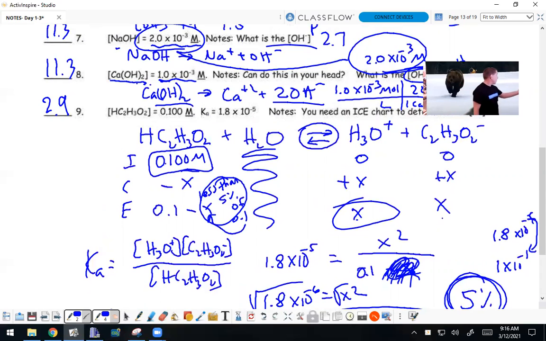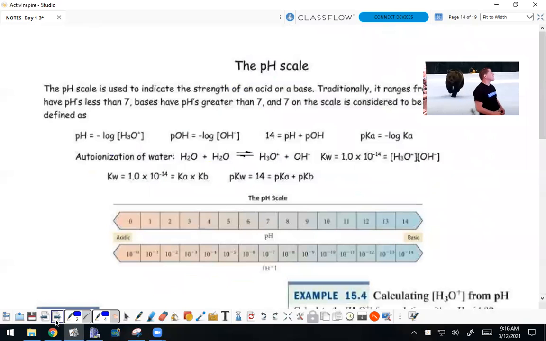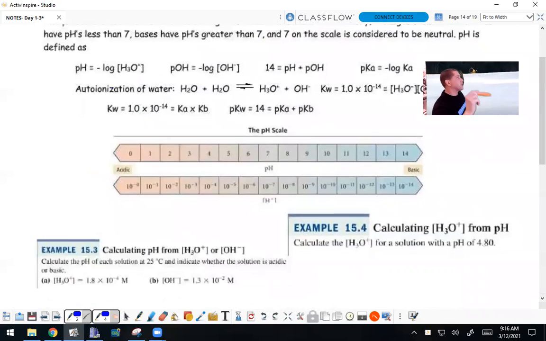All right, so I'm on the next page in our packet, which is dealing with the pH scale officially. So here's the formulas. Don't use this, though. Use the equation sheet. Understand, though, that the pH scale is logarithmic. So something that has a pH of 5, which is 1 times 10 to the minus 5, right? We know that for the hydronium ion concentration. When we go to 4, that is 1 times 10 to the minus 4.